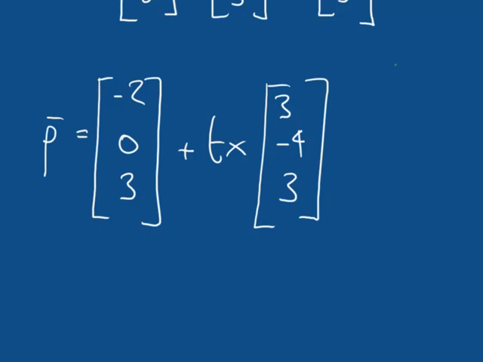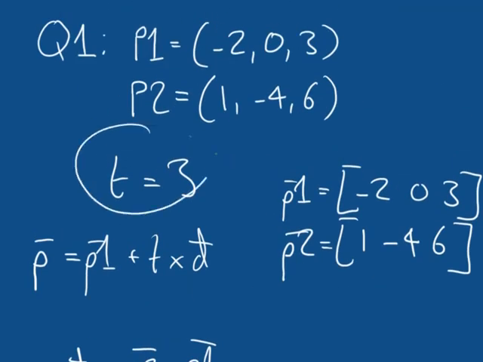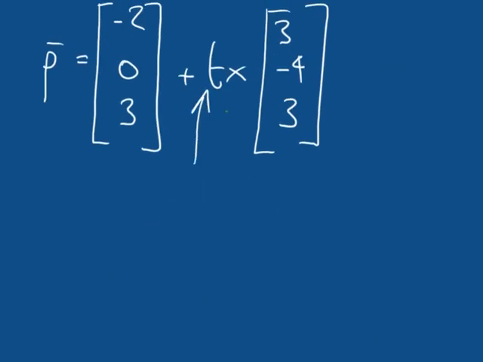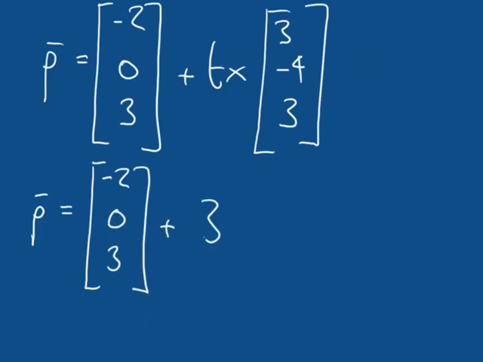So now that we have that, to evaluate for a parameter T equal to 3, we simply plug a value of 3 into this equation. That gives us that P is equal to (-2, 0, 3) plus 3 times our vector D, which is (3, -4, 3).